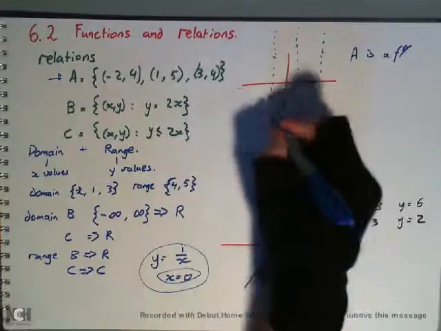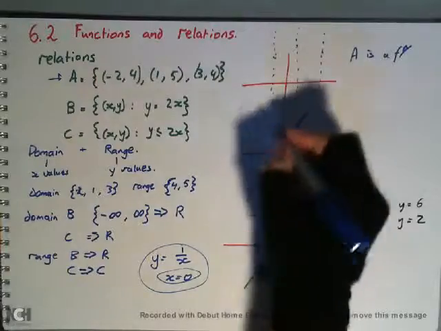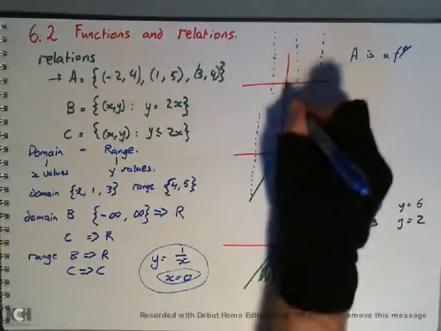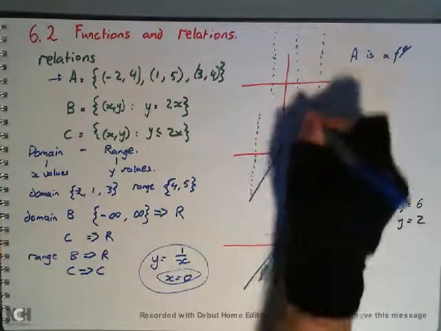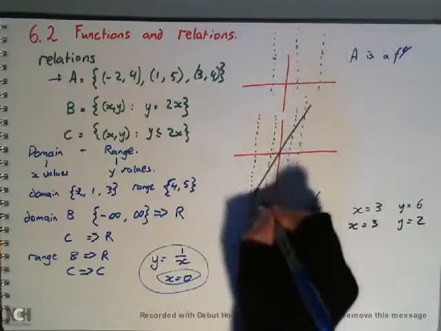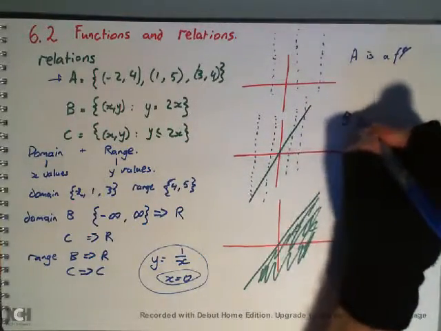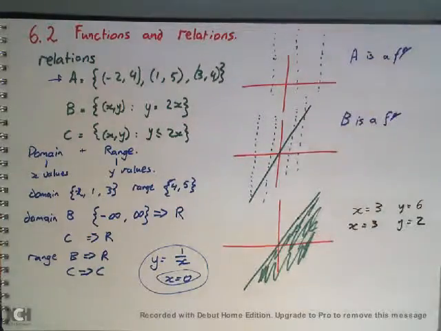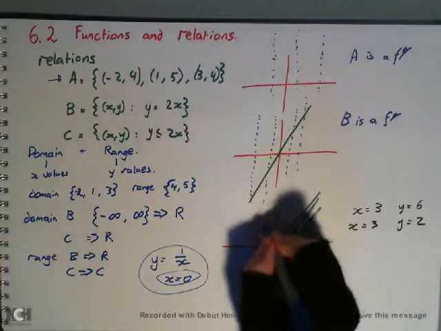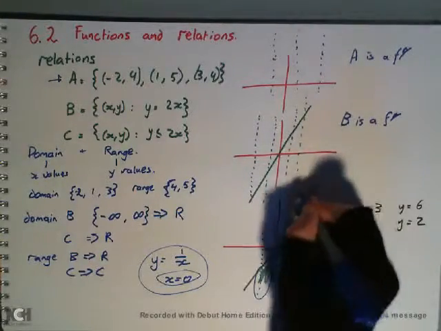For B, I can draw a vertical line here and it touches the graph once, here once, and same for this one. For any point on that graph I get one intersection. So B is a function. But C is not a function, because this vertical line here touches many points, as with this one.